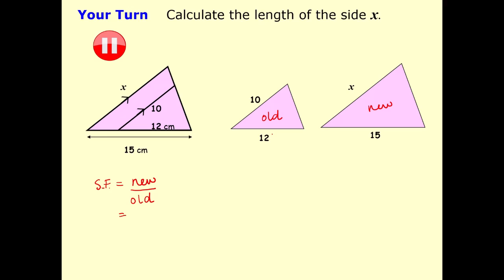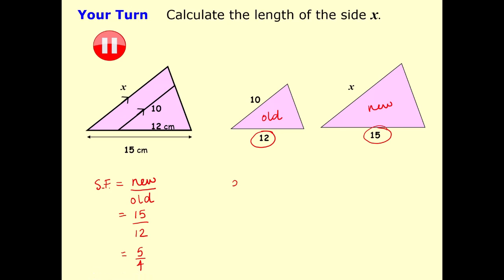So our corresponding sides here are 12 and 15. So our new side is 15 divided by 12. And we can simplify that to become 5 over 4.